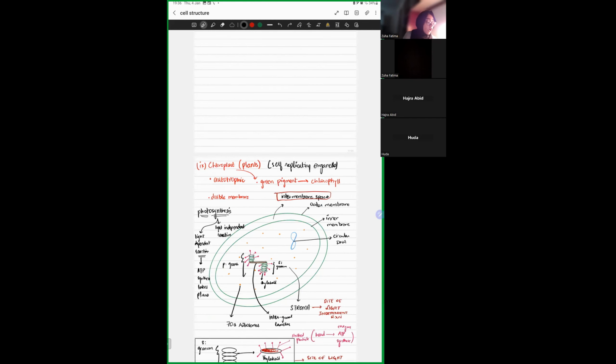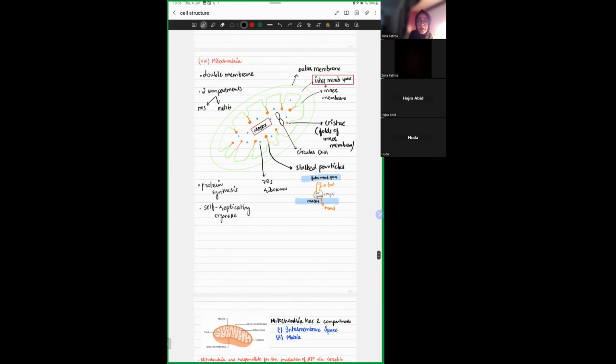And whether you look at the cartoon image or the diagram that I have drawn for you, you would see mitochondria resembles the shape of a sausage. Okay, it has a sausage shape. So although it is not a very visible or appreciable difference, there's a slight difference in the appearance of the shape of mitochondria and chloroplast, which is that mitochondria is sausage shaped and chloroplast is oval or spherical in shape.